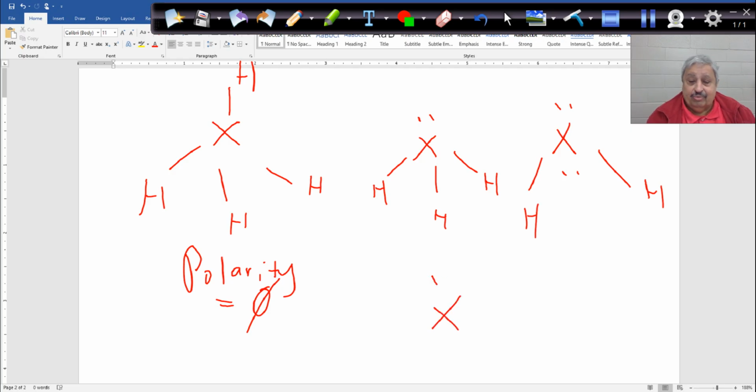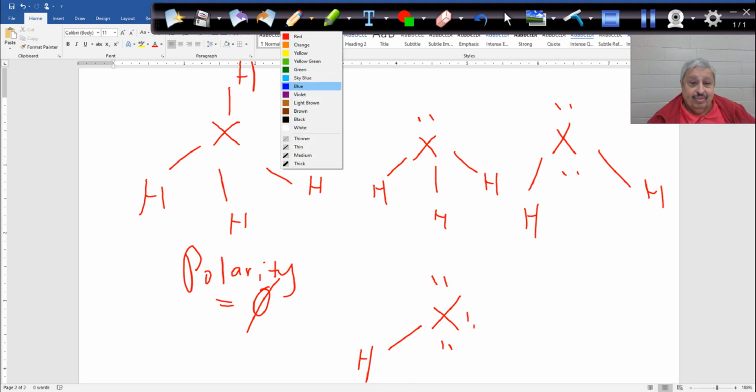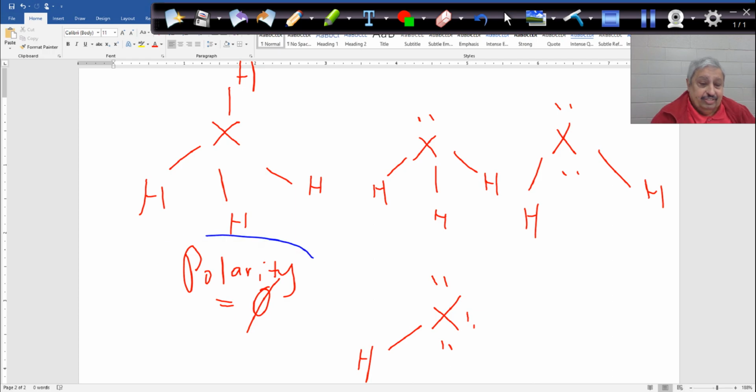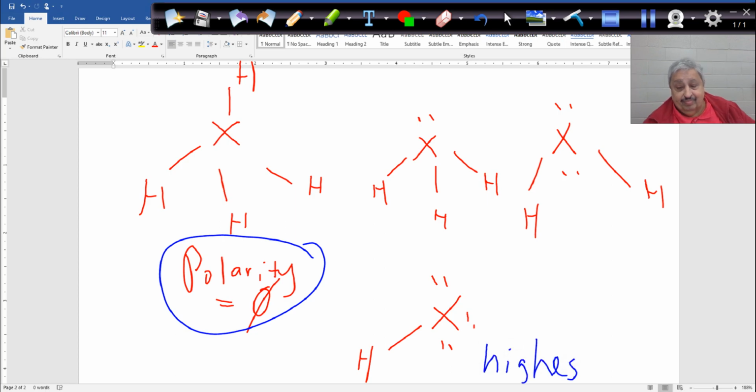Then we have X, 1, 2, 3, and here is H. So we said what in the conclusion? The higher number of lone pairs found on the central atom, the more polar the molecule. So the polarity here will be, which one is the greatest? This one here, polarity is 0, we said, correct? This one has the highest polarity, correct?